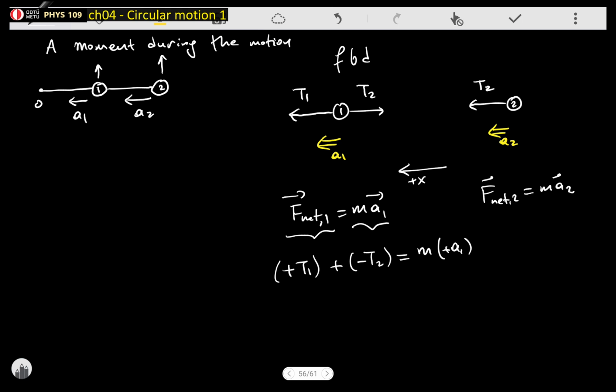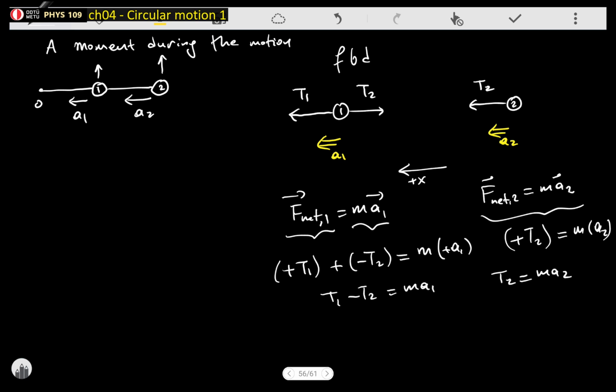Right, let me do the same thing for this thing in here. So in that case, for the second mass, the tension is T2 and the acceleration is A2. Okay, so in short, we have T1 minus T2 is equal to m A1, T2 is equal to m A2.